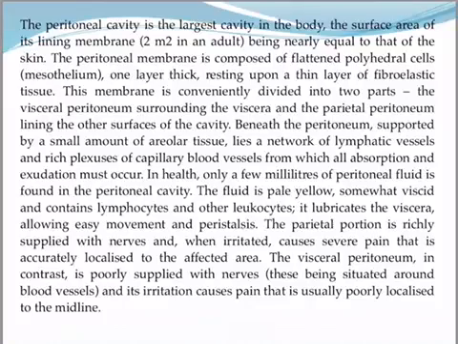The peritoneum is divided basically into a parietal peritoneum, which covers the parietes, or lines the abdominal wall, anterior, lateral, and posterior abdominal wall, and the visceral peritoneum lining the viscera.